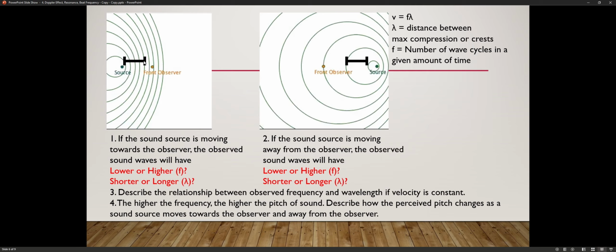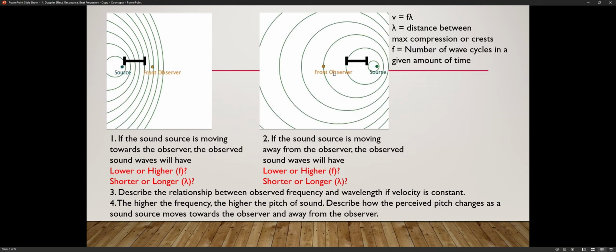Because if you look at this distance right here, when the sound source moves towards the observer, there are more sound waves. When the sound source is moving away from the observer, the sound that the observer hears is a bit different. There are fewer sound waves that the observer hears.